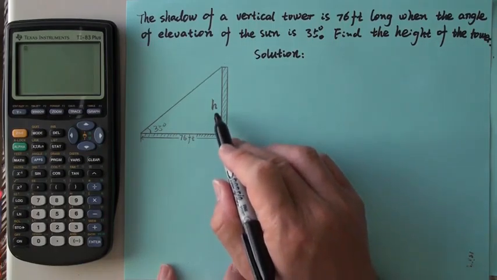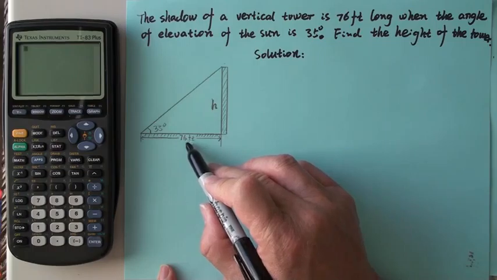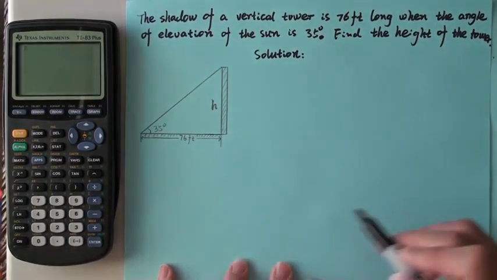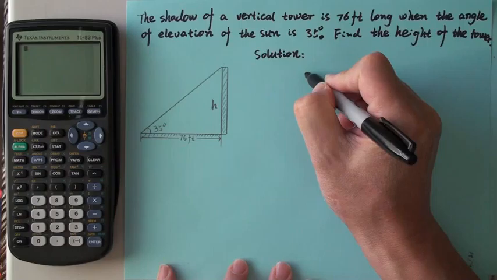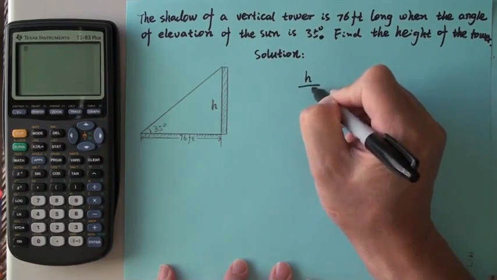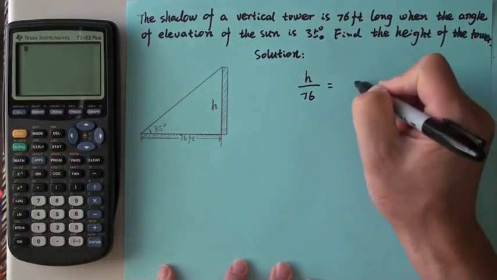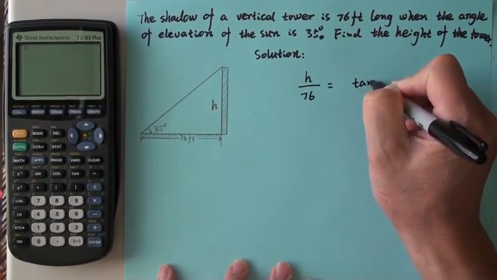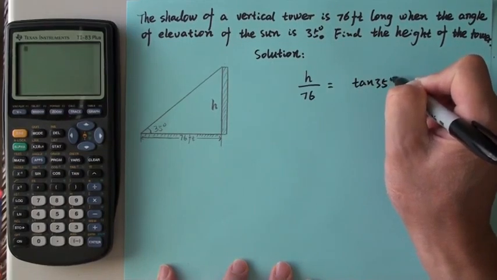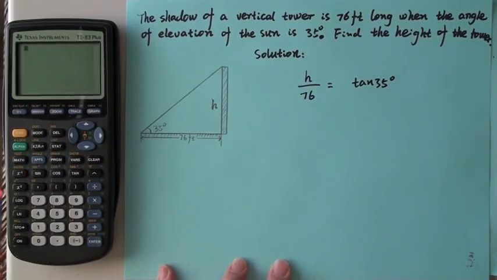Down here we have h over 76 is what? Is tan 35. So we have here h over 76 is tan 35 degrees.